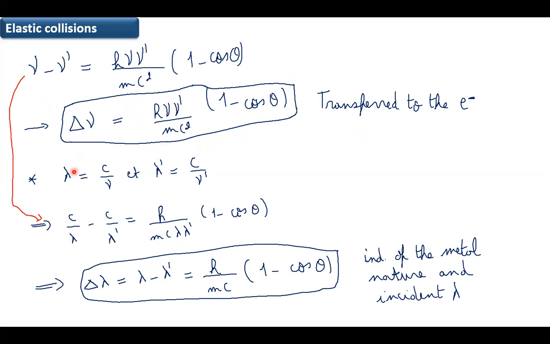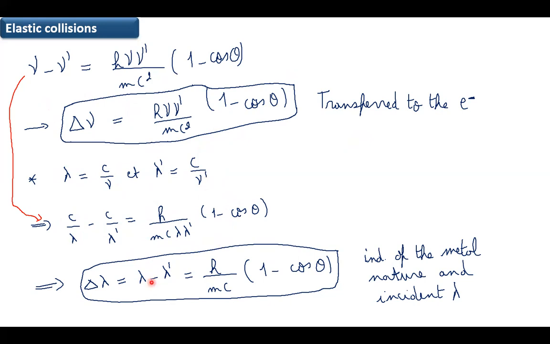Also, we can write it as a function of lambda, the wavelengths, because lambda is equal to c over nu, and lambda prime is equal to c over nu prime. So c over lambda minus c over lambda prime is equal to h over m c lambda lambda prime times (1 minus cosine theta).